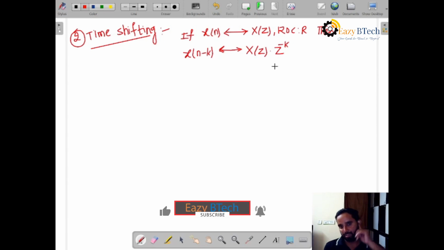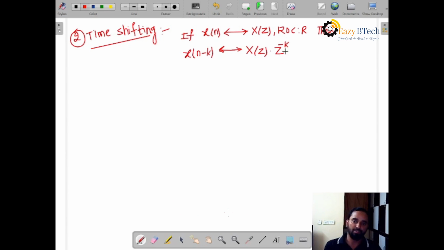So z power minus k is coming extra. And what about ROC? ROC is the same as R except z is equal to 0, because of this z power minus k.